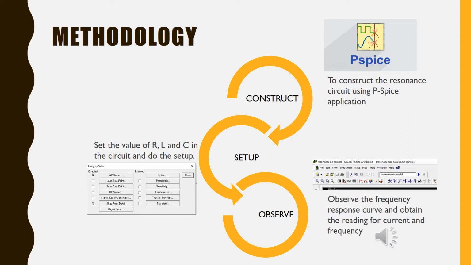And the student has to do the setup and simulate the circuit. From the simulation, the student will obtain the output graph, and they can observe the frequency response curve and obtain the reading for current and frequency.